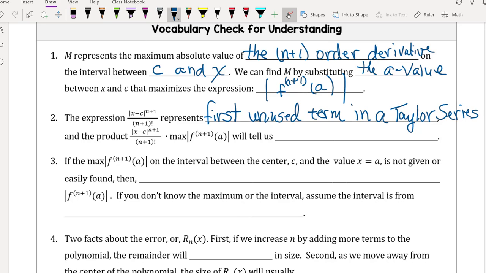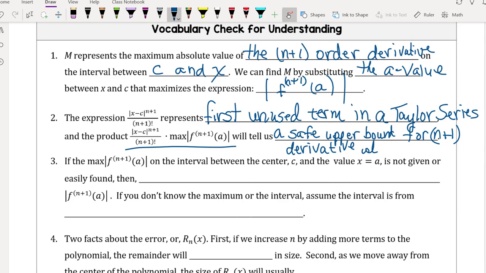And the product stated there: our first unused term times the max value of the n plus 1 derivative will tell us a safe upper bound for the n plus 1 derivative at x equals a.